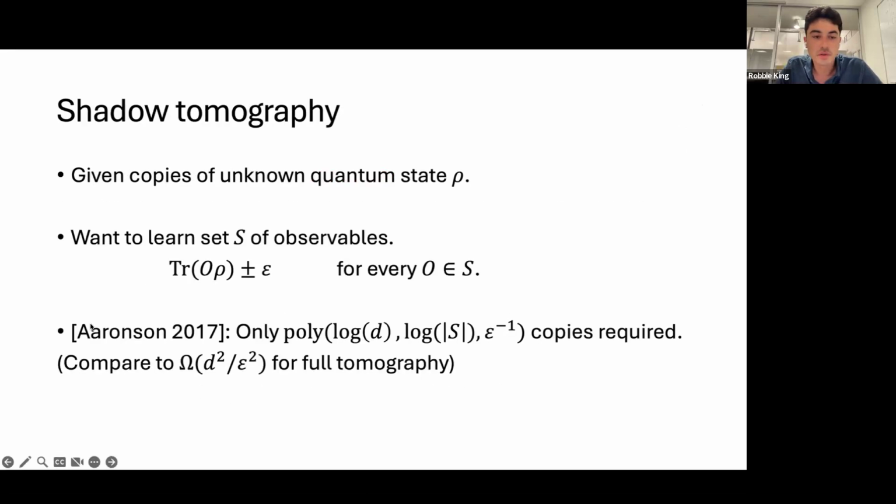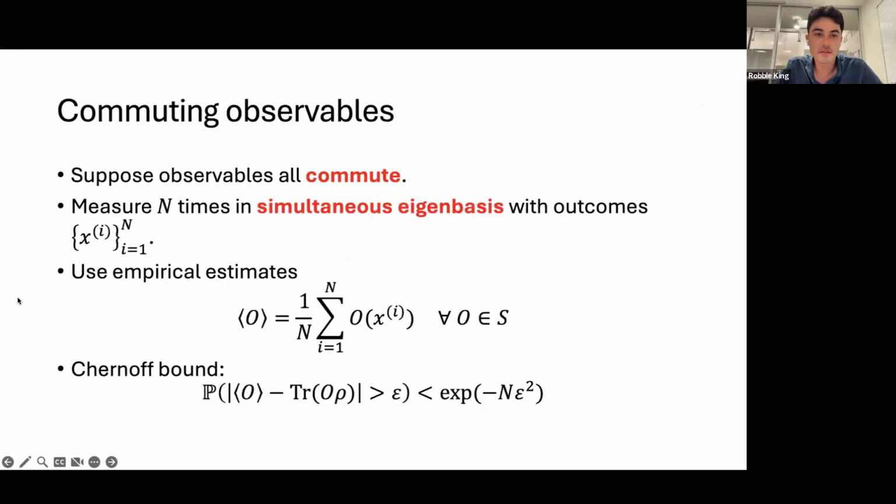Okay, so how is this possible? One way we can think about this is, what if the set S consists of commuting observables? Then we can see how we can achieve this very efficient sample complexity. If the set consists of mutually commuting observables, then we can measure in the simultaneous eigenbasis of these observables.